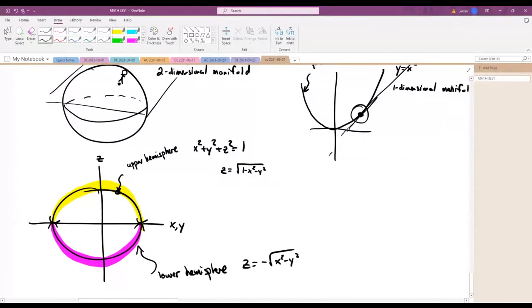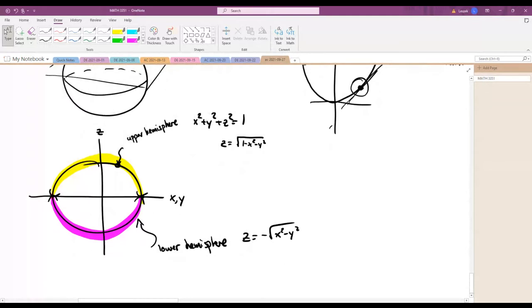We can't think of Z as a function of X and Y on the XY plane. The graph, if you will, doesn't pass the vertical line test. For a single input, you get two possible outputs for Z. So it's not a function. Yeah. Okay. But that's not enough because if you think about the equator, it's still not covered by any patch. But that's easy enough.